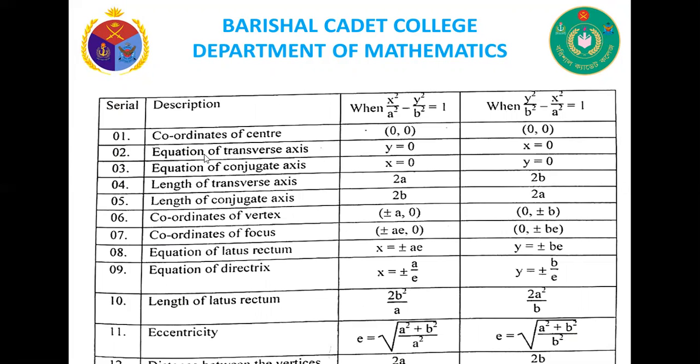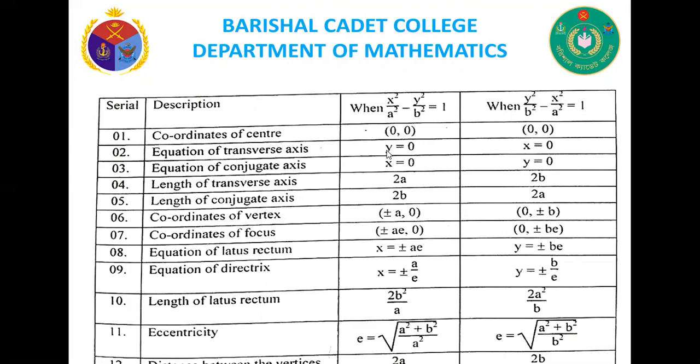So, first of all, we will learn the formulas. What are the formulas? What are the coordinates of the center? The coordinates of the center are 0, 0, and for the equation y squared divided by b squared minus x squared divided by a squared equal to 1, it is also 0, 0.